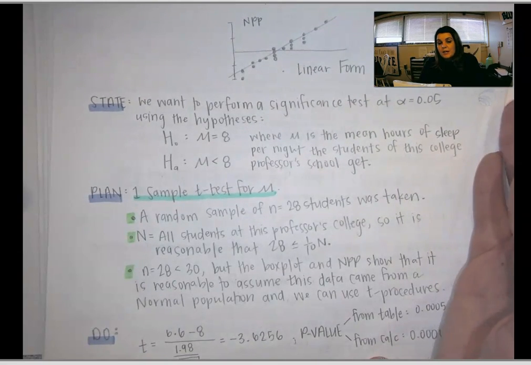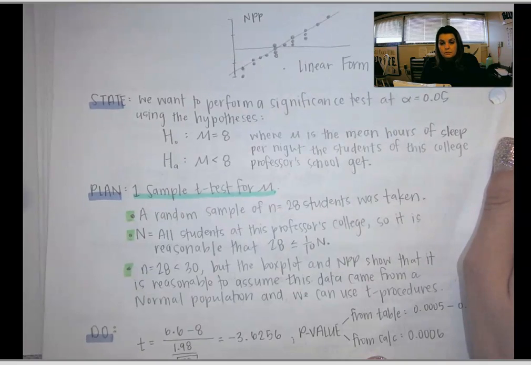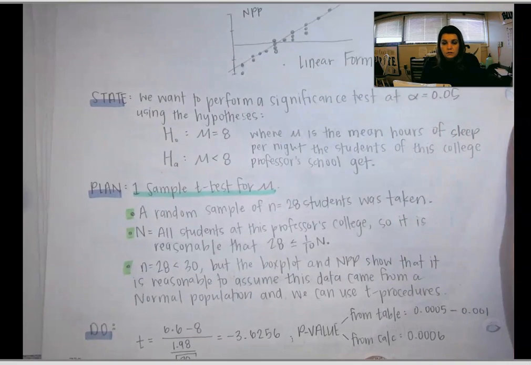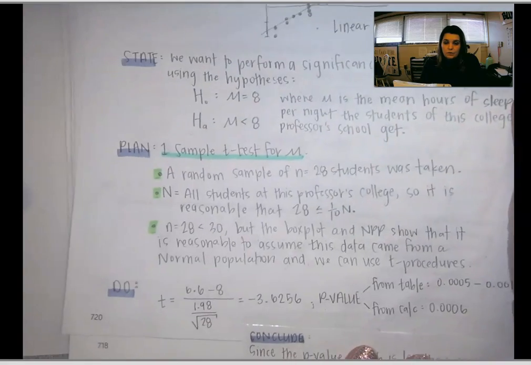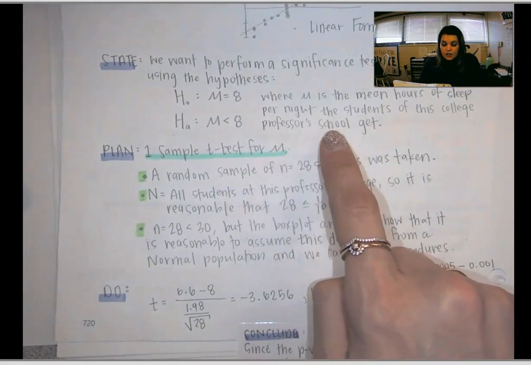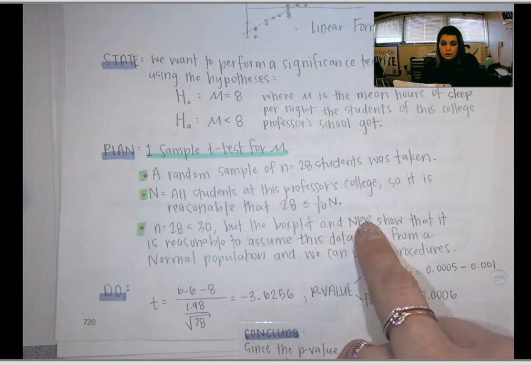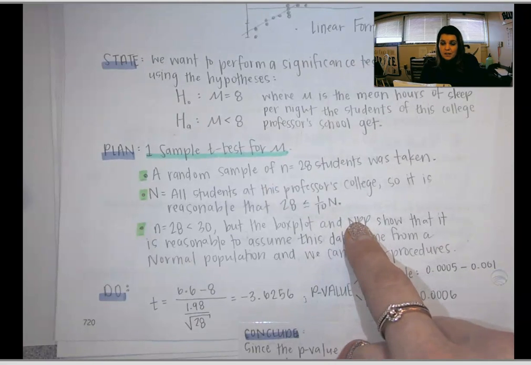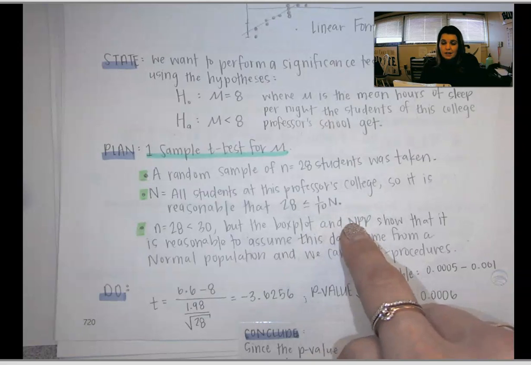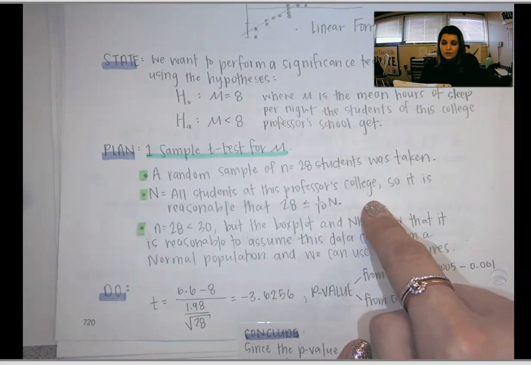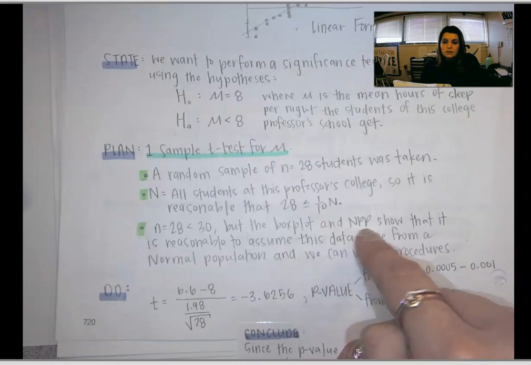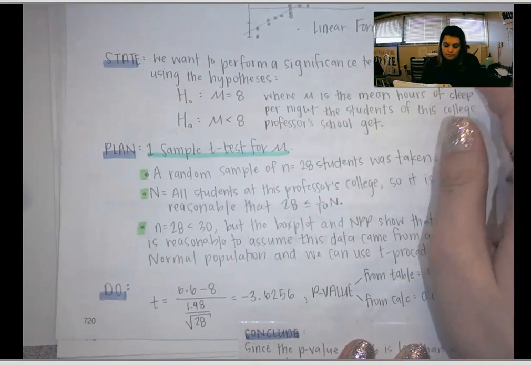You just do the best that you can. Then notice here I have mentioned my box plot and my normal probability plot. So if you checked the NPP, maybe you should say NPP, do a little note that says not graphed, show that it is reasonable.